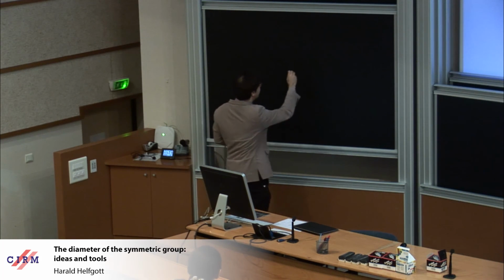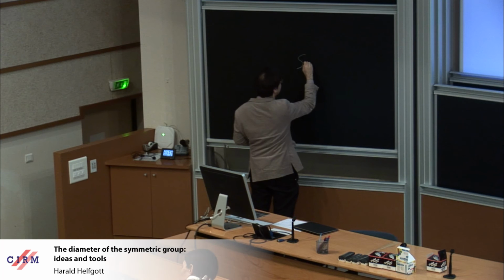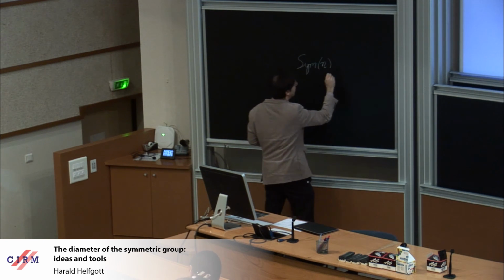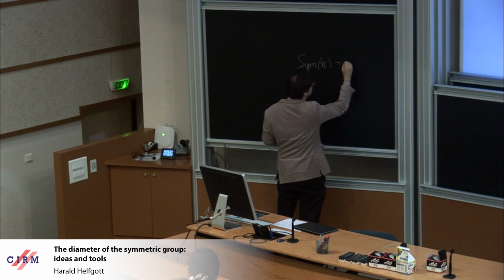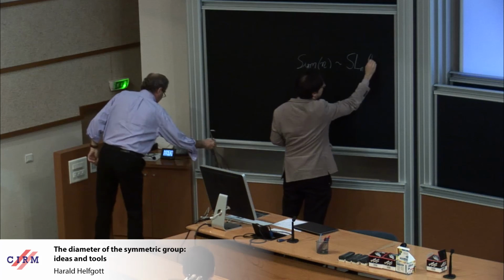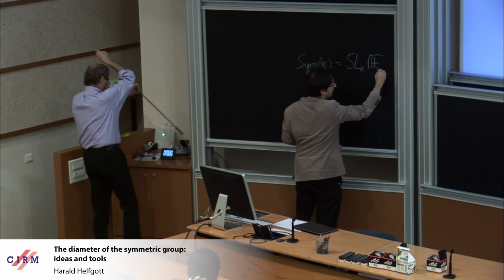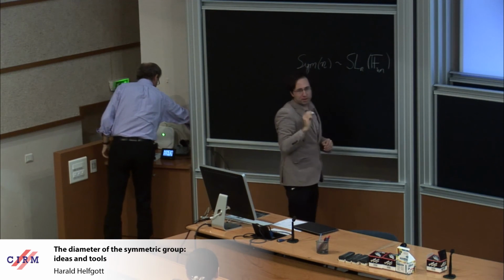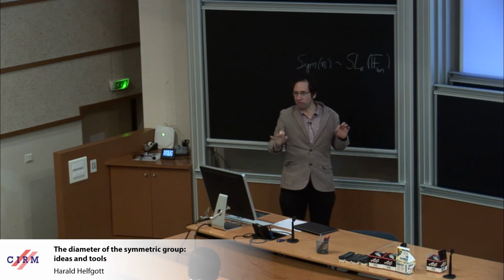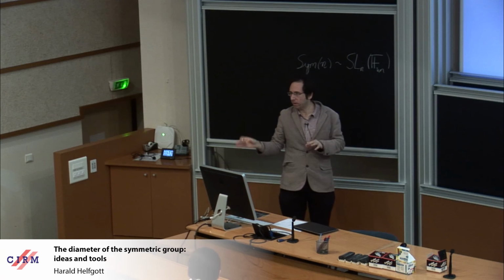So, namely that Sym(n) is SL_n over the field with one element. This is mystical. For some, the field with one element doesn't exist, but objects defined over it exist.